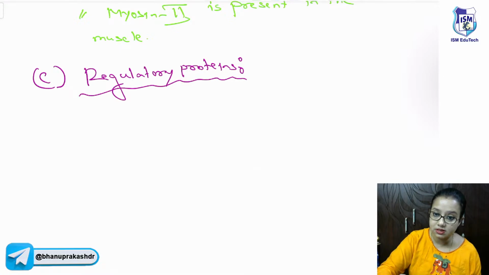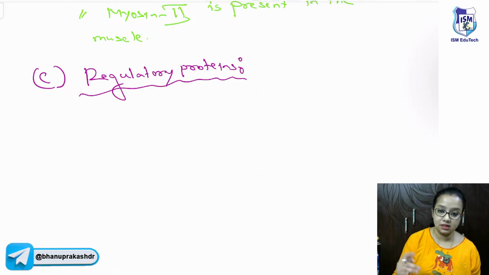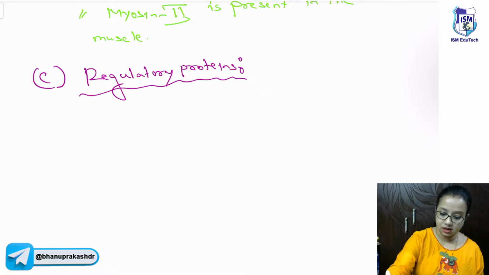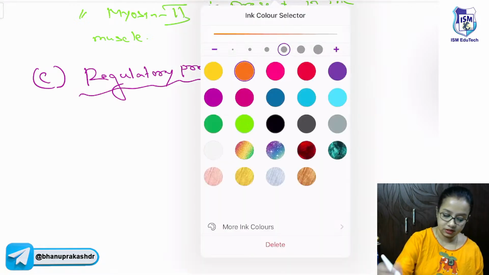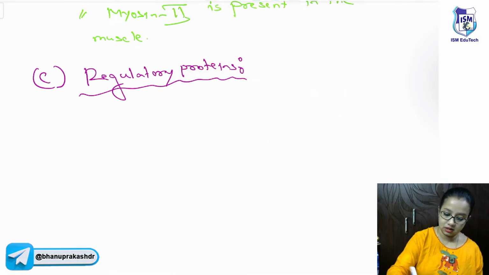What does it mean to regulate the contraction and relaxation? It means it will control or decide the binding of actin to myosin. These are troponin.